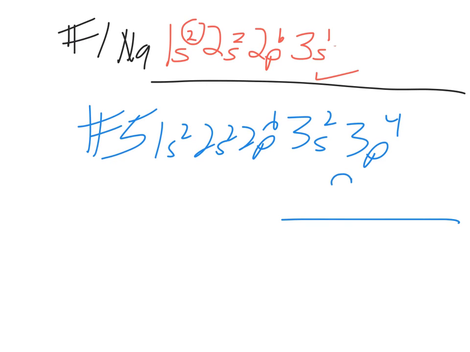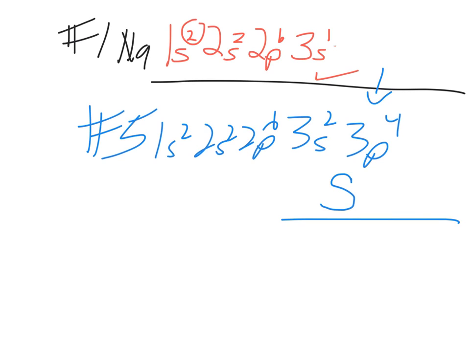Very good. What about cobalt? Remember, you're in the P section and cobalt is in the D section. Look at your periodic table, and then you're going to tell me the element.